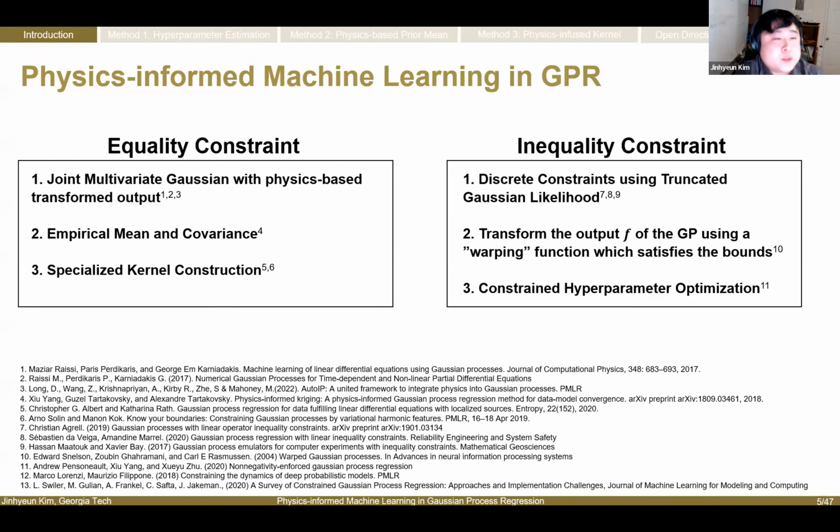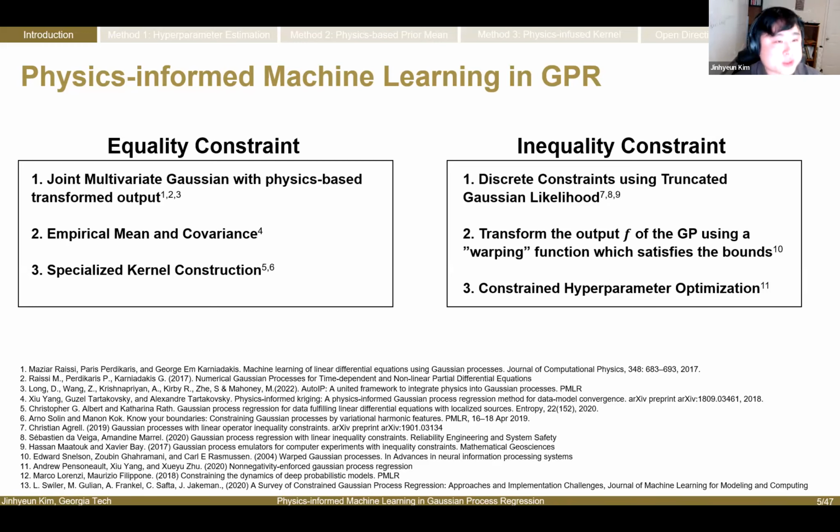GPR is very popular in physics-informed machine learning fields due to the property that any linear transformation of a GP follows a GP. For example, if we have a GP for the training output and we sample from that distribution, then any linear transformation, for example derivatives or integrals, also follows a GP.